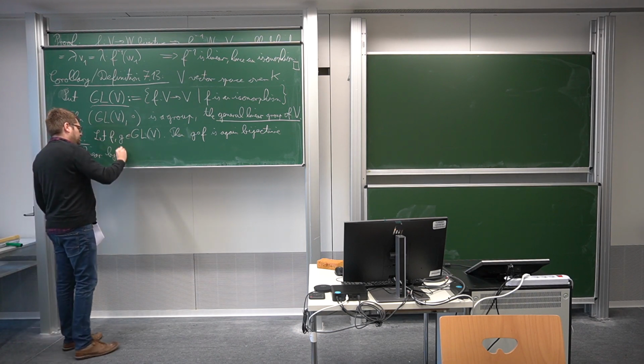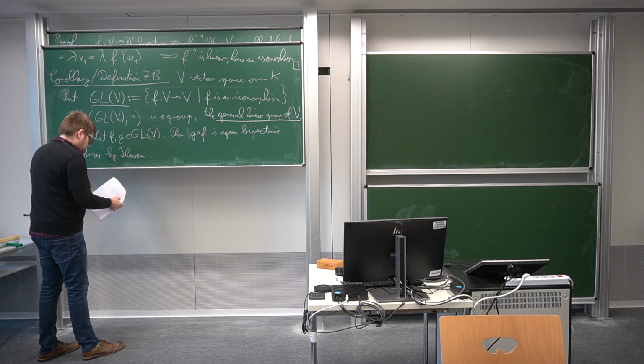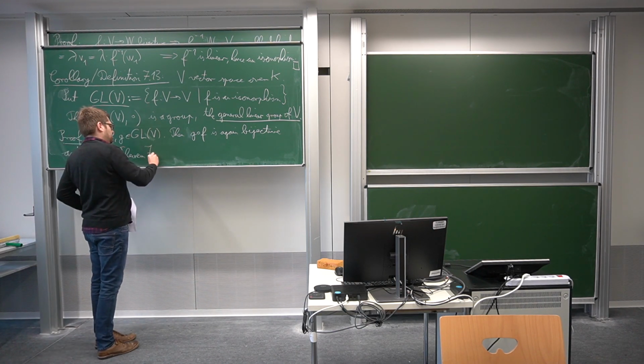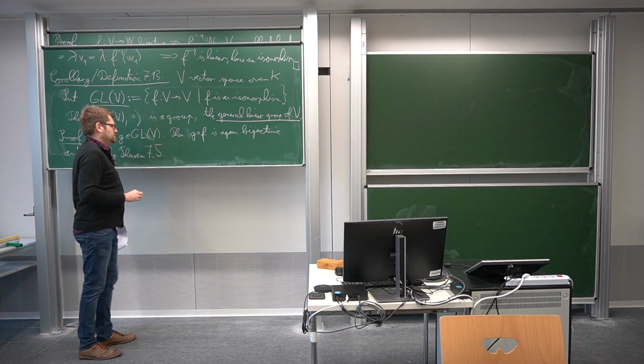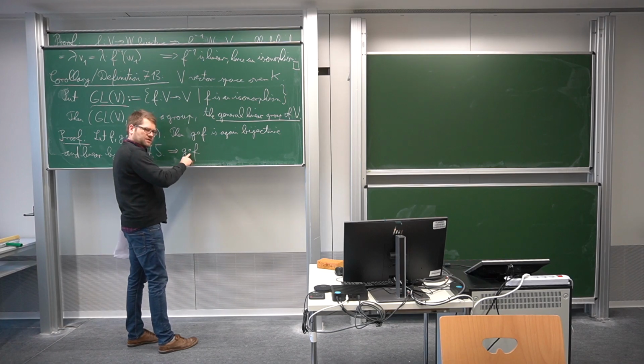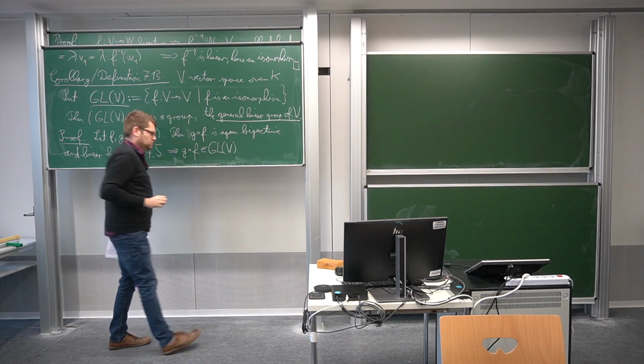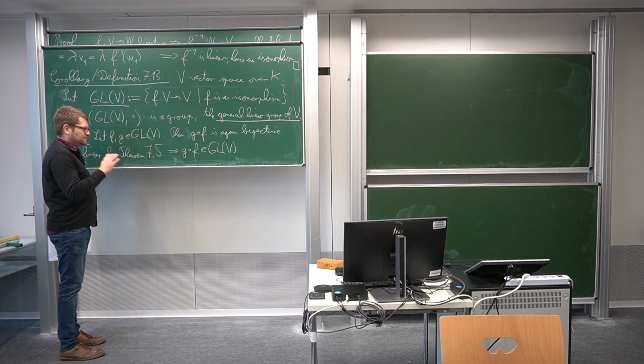This was theorem 7.5. Okay, so these two together mean that the combination of these two is again an element of this general linear group. So this is actually well defined.